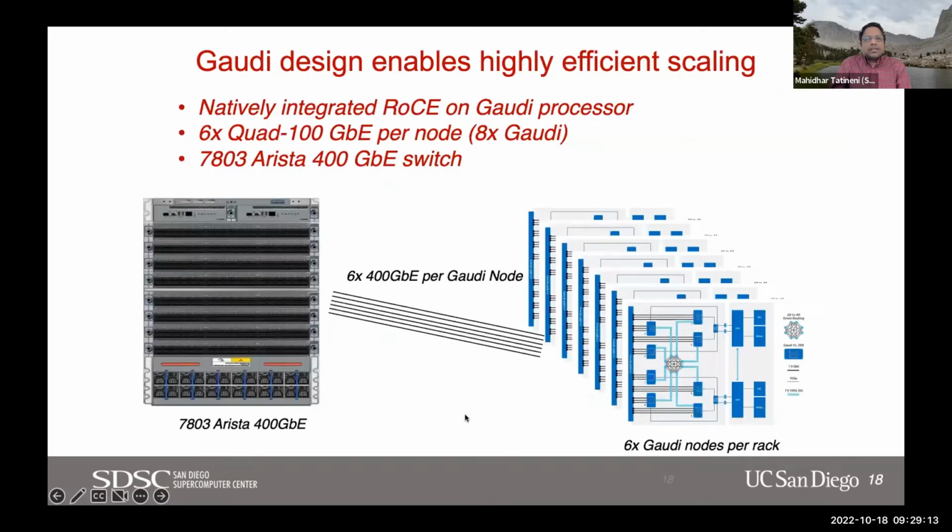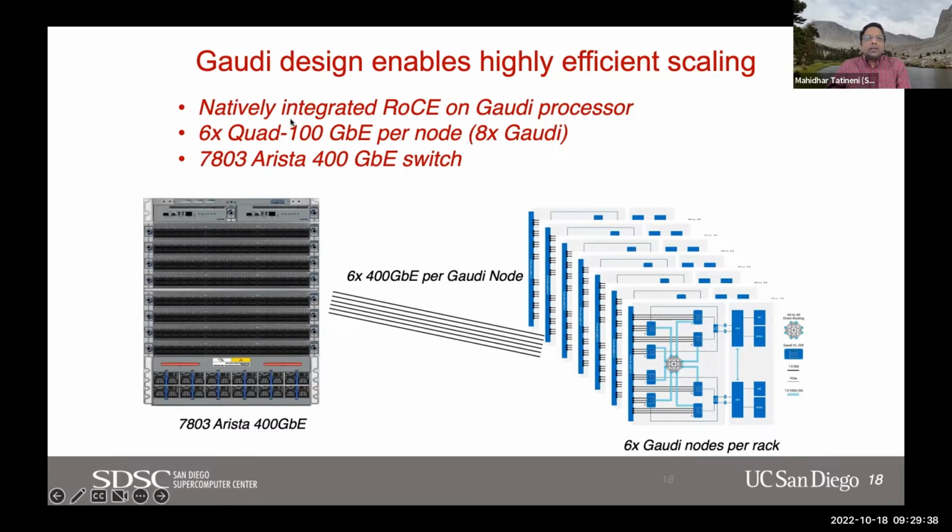So what this does is lets you really efficiently scale out to really large counts. And we've tested up to 128 Gaudis with very good performance, and we are right now doing some tests for the full 256 card performance. And we expect that it should do well with this kind of networking setup.